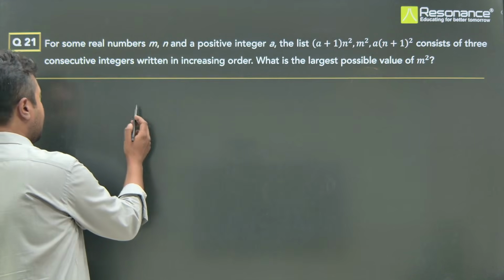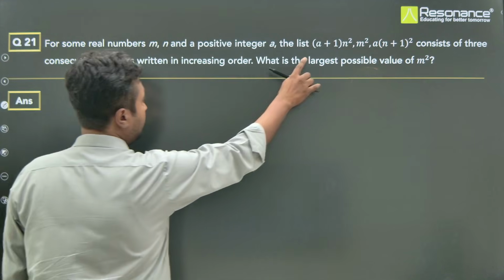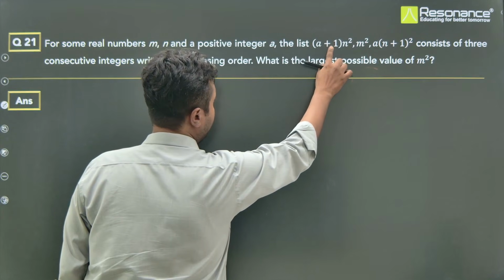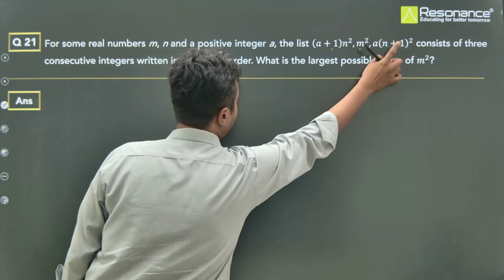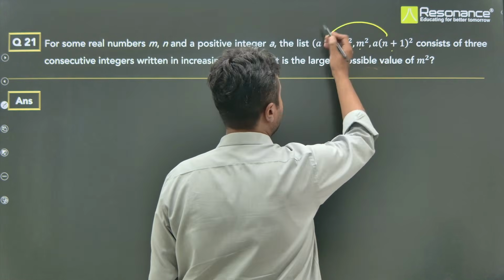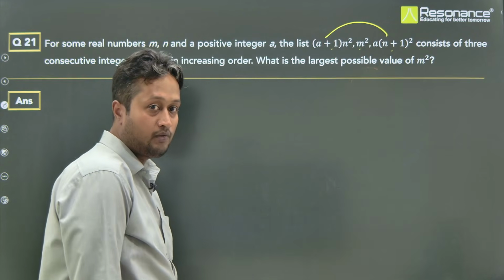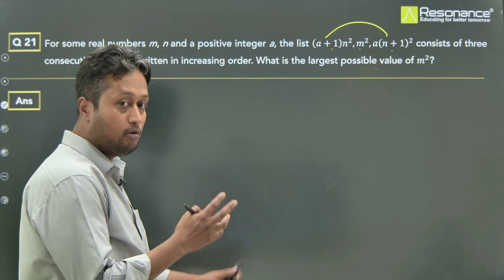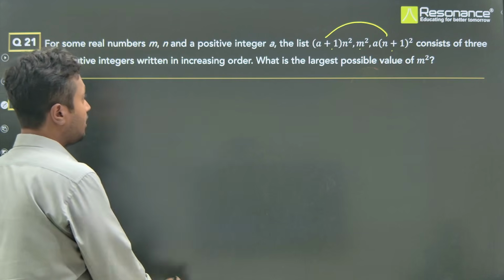So all we got to say is this must be some number k - 1, this must be k, and this must be k + 1. Basically, the difference between these two numbers needs to be 2. And it needs to be an integer. Both these numbers need to be integers. Okay.